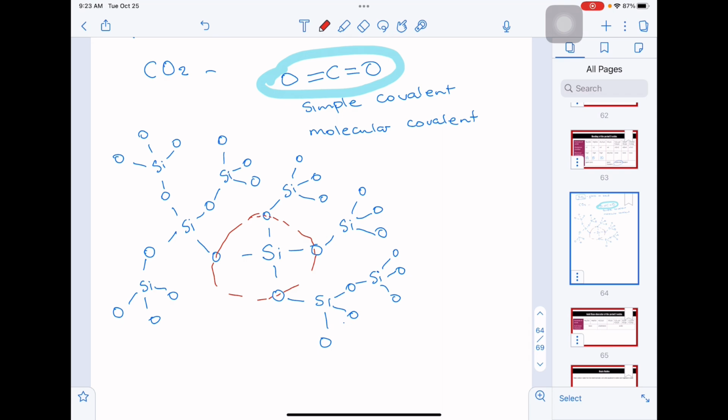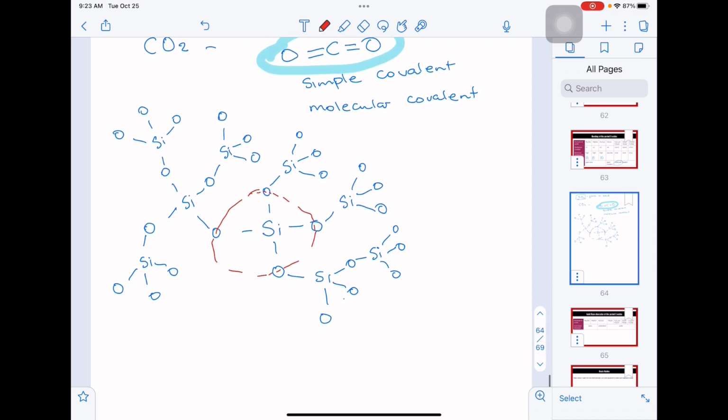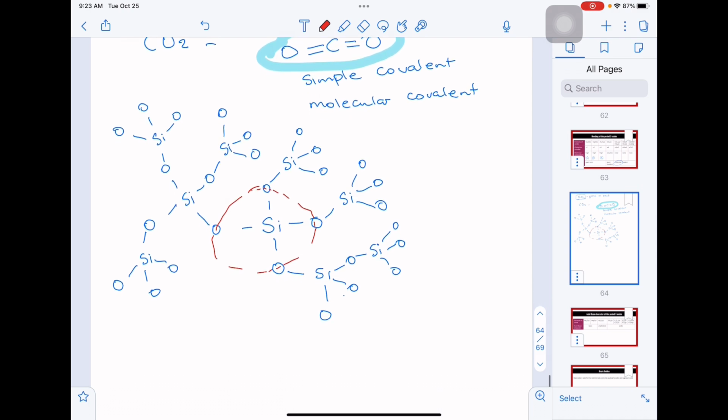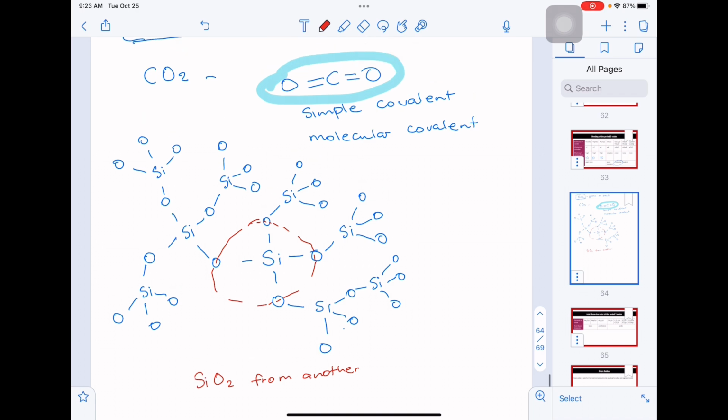And that is not something that we can do. So this is why silicon dioxide is called a giant structure, because it grows in all directions. And to be able to break off one silicon dioxide from another is impossible. Okay, it's not possible. So silicon dioxide is a giant covalent structure.